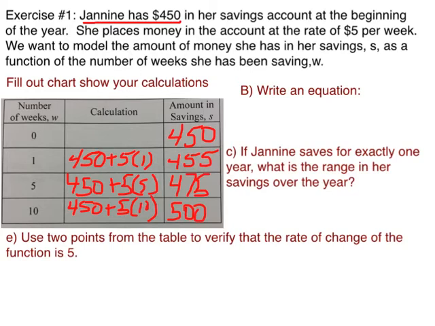If I were to write an equation using this information as a linear function of the weeks she has been saving, it would look like this. My savings would equal 5W plus 450.